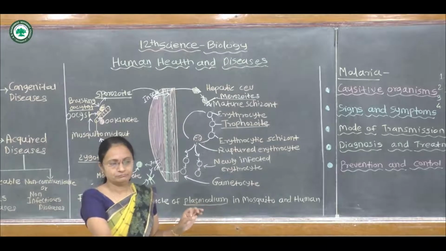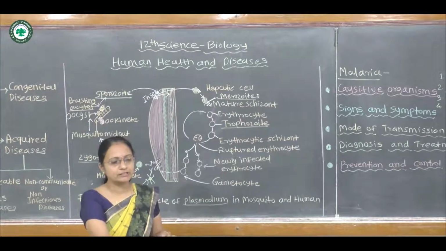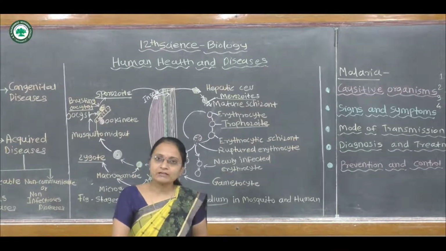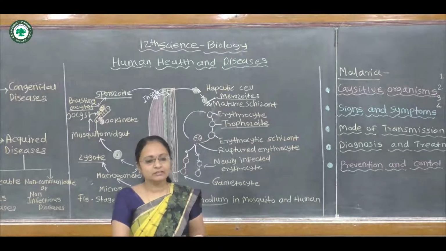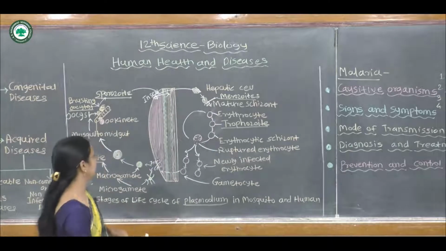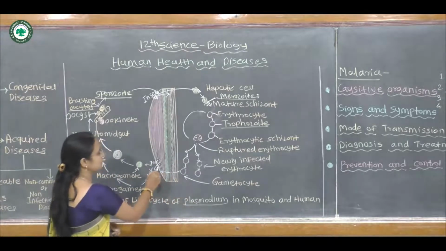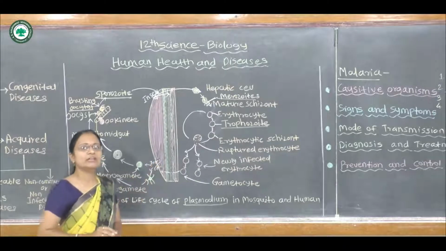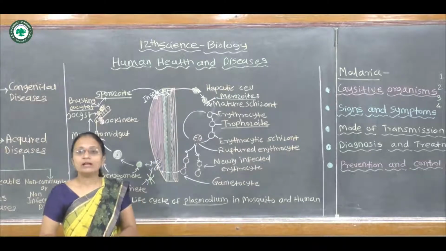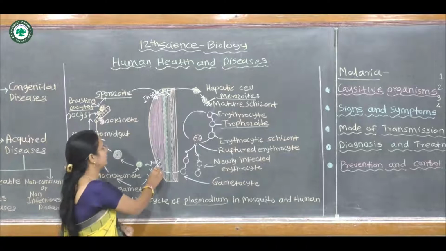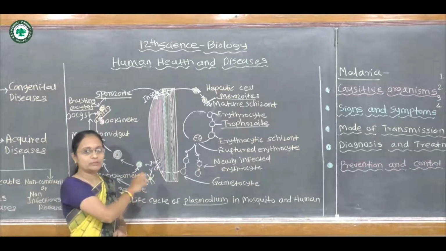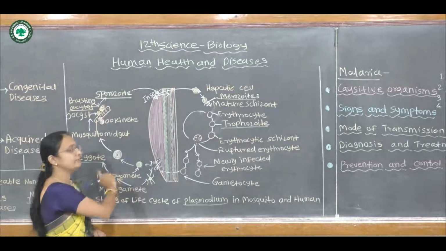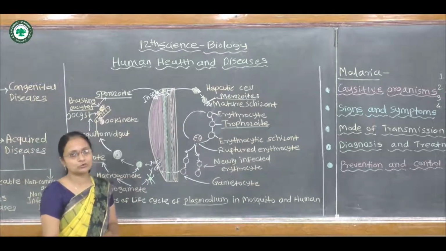If such a gametocyte is taken up again by the female Anopheles mosquito, fertilization occurs. The gametocyte enters the female Anopheles mosquito, and in its gut region the male and female gametes are produced.